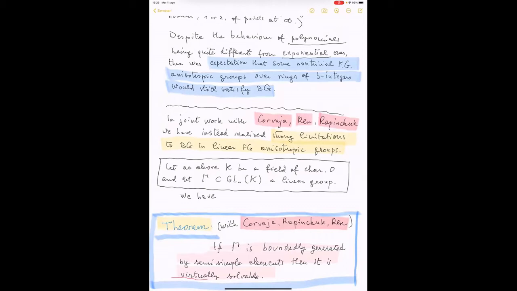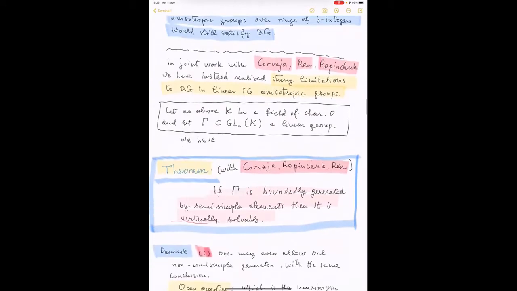So the object of the joint paper with Korevaar and Rapinchuk is to prove a few results, which instead show that there are strong limitations to bounded generation in linear finitely generated anisotropic groups.